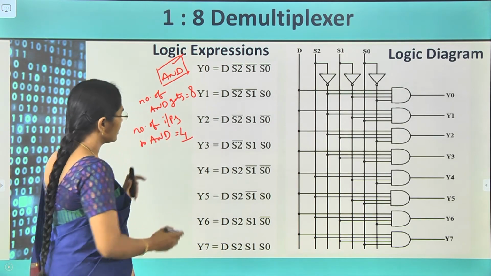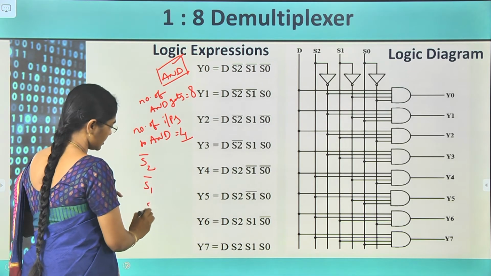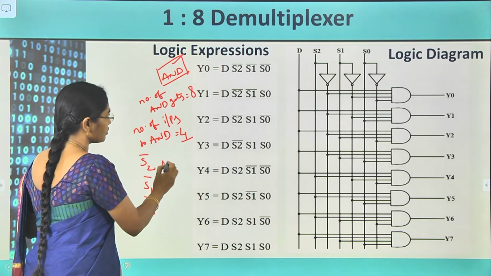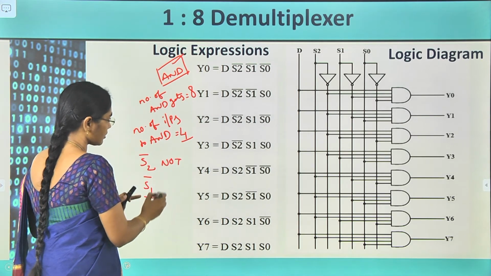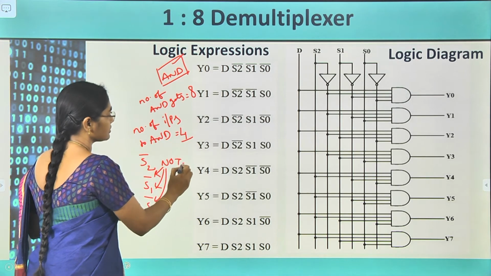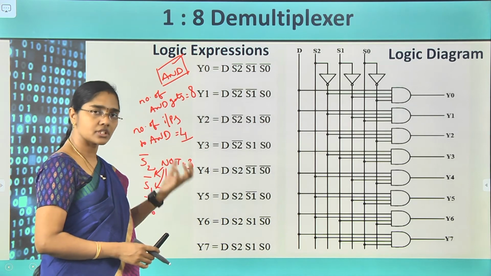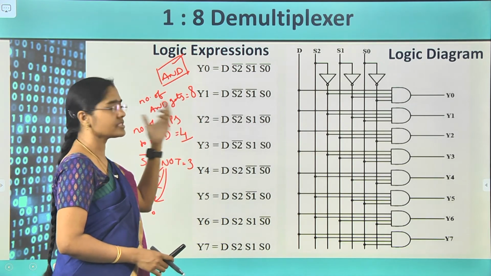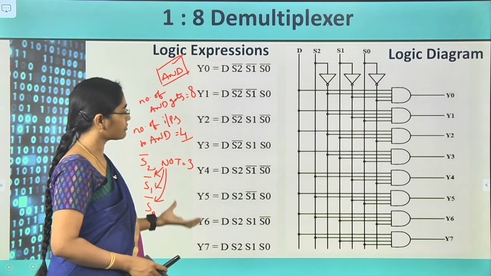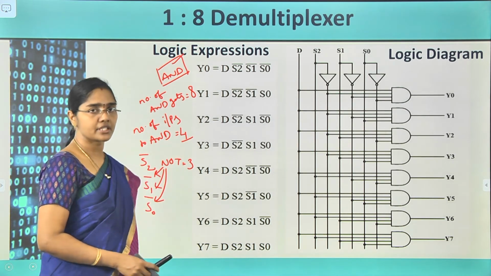Then, to get S2 bar, S1 bar, S0 bar, NOT gates are required. 3 NOT gates are required. So with the help of 3 NOT gates and 8 AND gates, we are going to draw the logic diagram for this 1 to 8 demultiplexer.